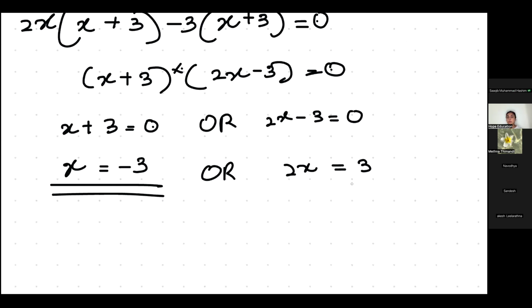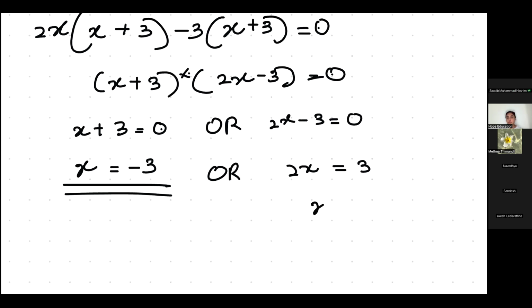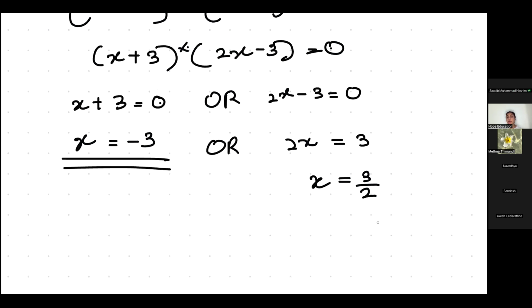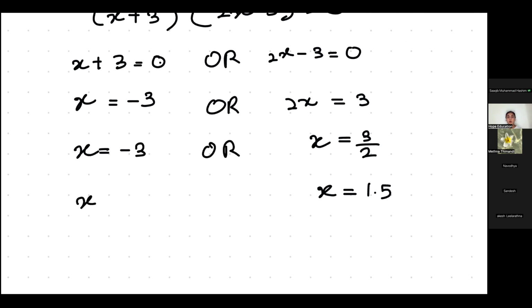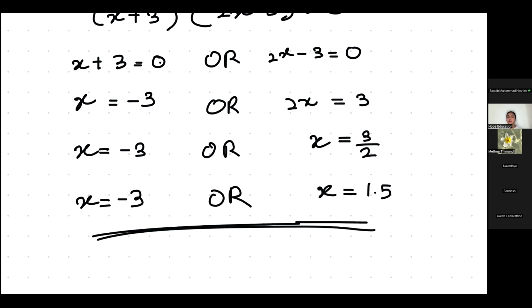Then you divide both sides by 2, so we get 3 divided by 2, which means 1.5. So x equals minus 3 or x equals 1.5.